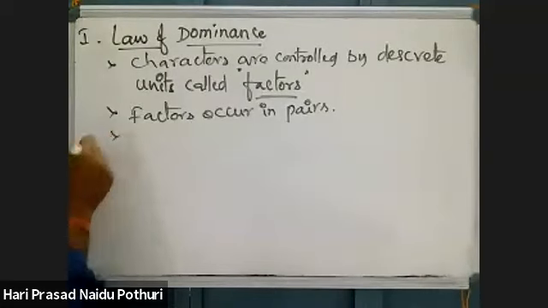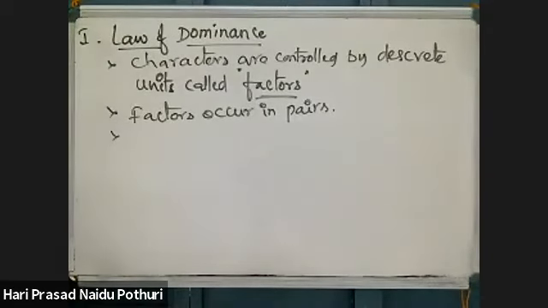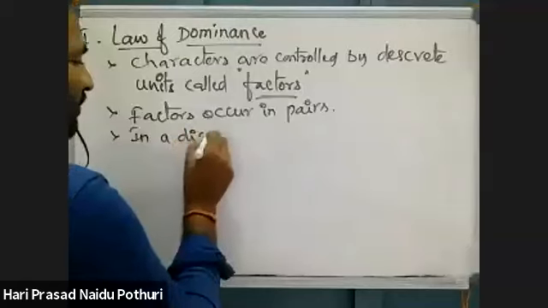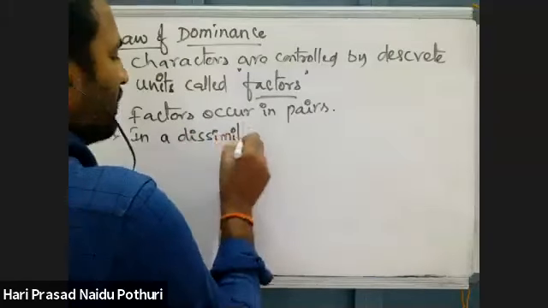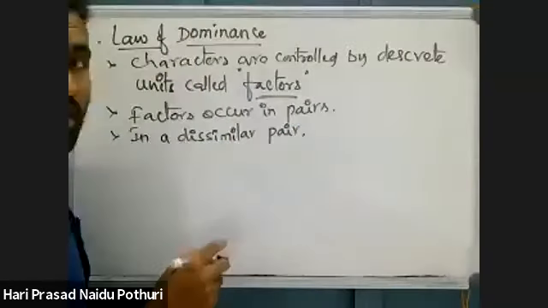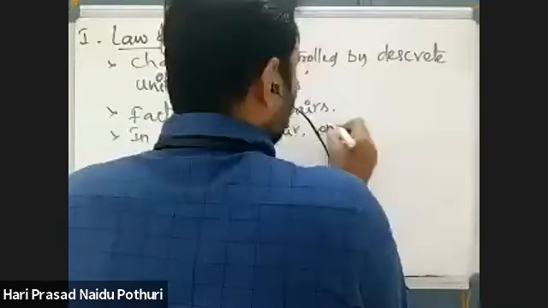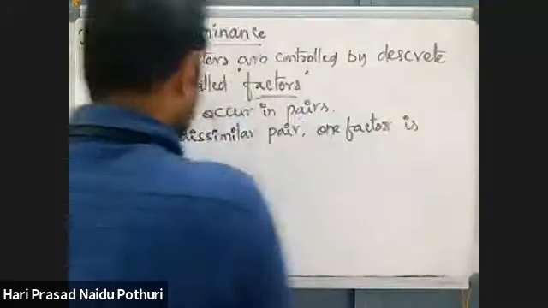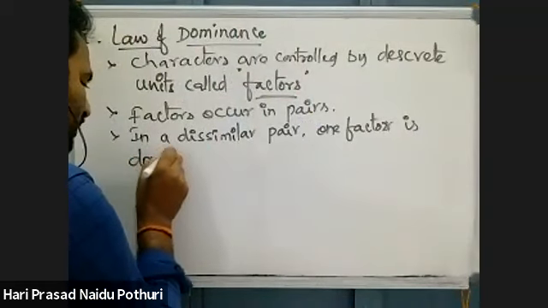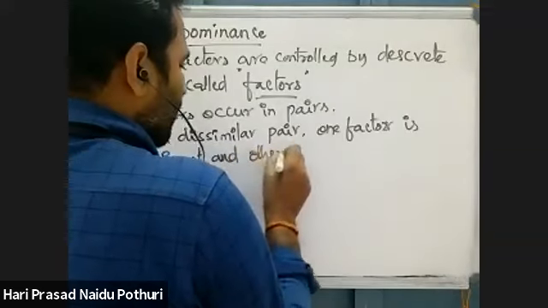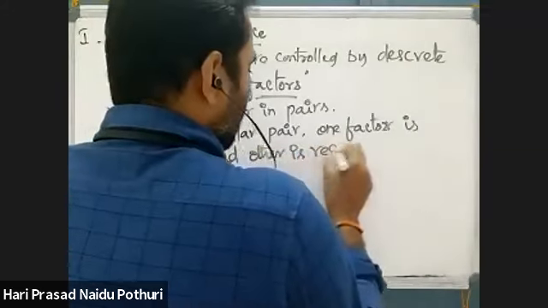Here, in a dissimilar pair, one factor is dominant and the other is recessive.